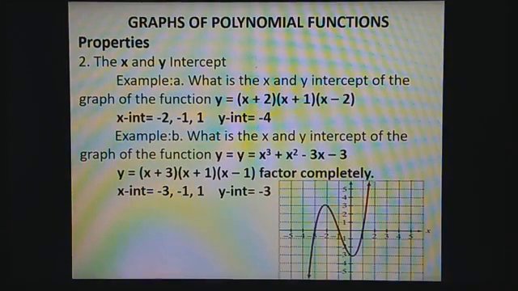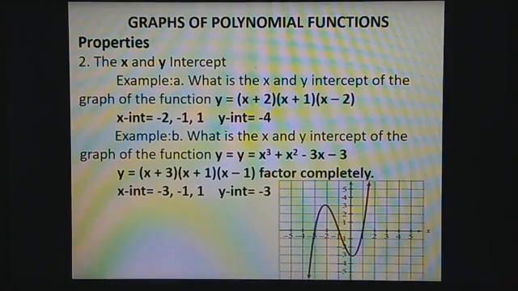Next, number 2, y is equal to x cubed plus x squared minus 3x minus 3. So, you have to factor the given polynomial function completely so that we can easily determine the x-intercepts and the y-intercept. So, if you're going to factor that using synthetic division o kaya factor theorem, so you have x plus 3, x plus 1, and then x minus 1.